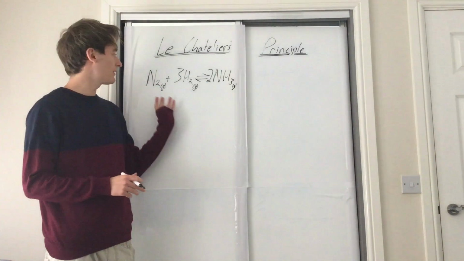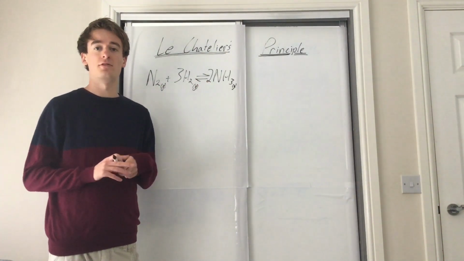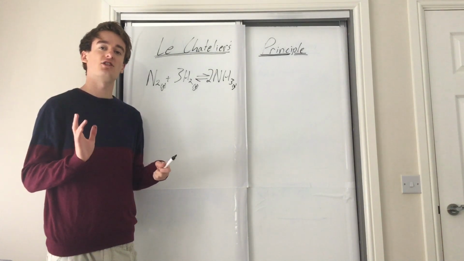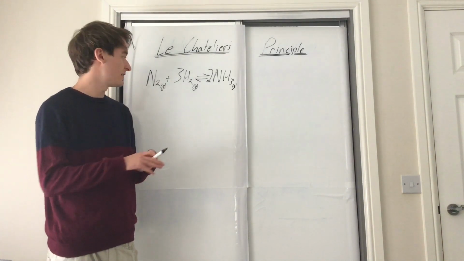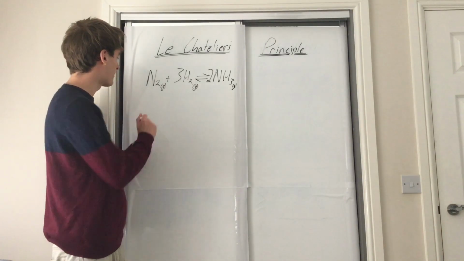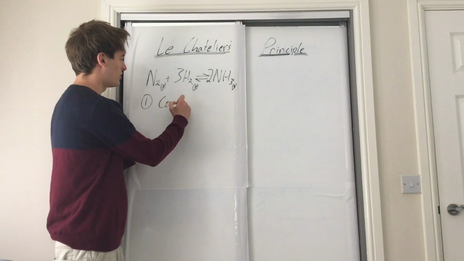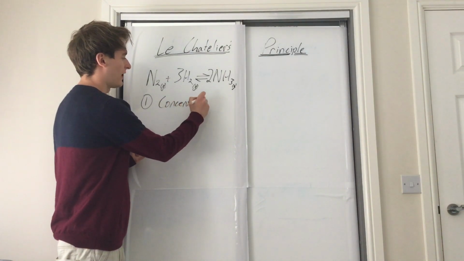And this equilibrium is shifted by a number of processes, and in industry they actually don't use the optimal processes for reasons I'll explain later. So let's first have a think about what is the effect of concentration on an equilibrium.